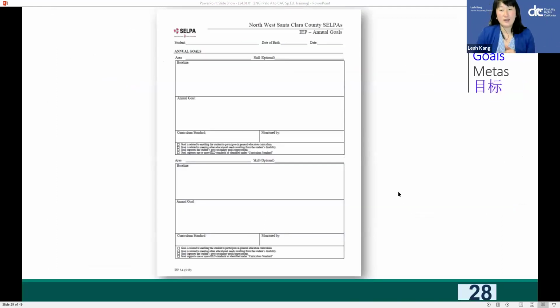And then there's a section of the IEP, which a parent had brought up previously, where you're setting goals for the coming year. Now, this is what the Palo Alto IEP form goals page looks like. You'll see, if we can click through, there's usually a place to put the area of need. So if the IEP team has identified reading, writing, maybe behavior, academic readiness skills, or social emotional needs as an area of special education need for the student, they're going to put that up there.